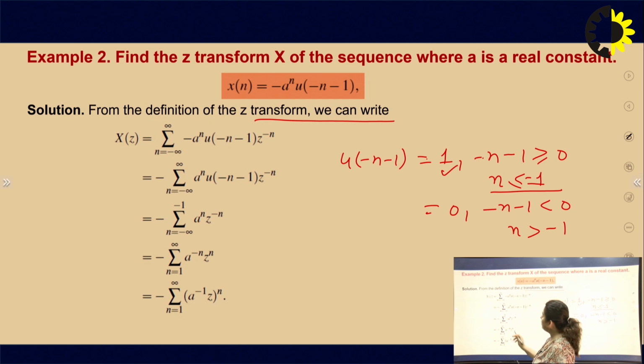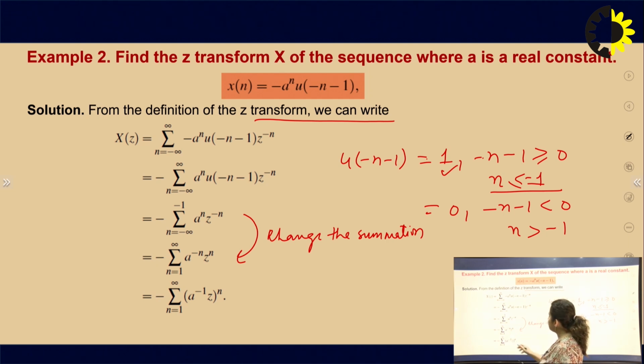Again we change the limit to n equals 1 to infinity. From this step to this step we have to change the summation, that is, put n equals minus n, then it becomes n equals 1 to infinity, and obviously a to the power minus n, now n becomes minus n, and z to the power minus n becomes z to the power n, and the limit changes from n equals 1 to infinity.